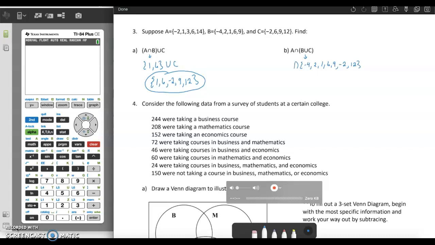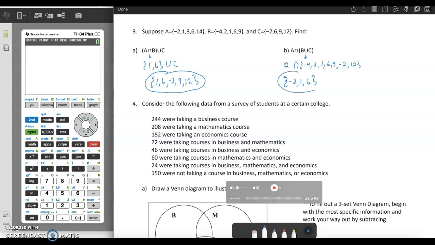Now we need to intersect that with A. So what is in both A and in this new set? If I scroll across there, I see, okay, -2 is in both of those sets. 1 is in both of those sets. And 6 is in both of those sets. And that is it.